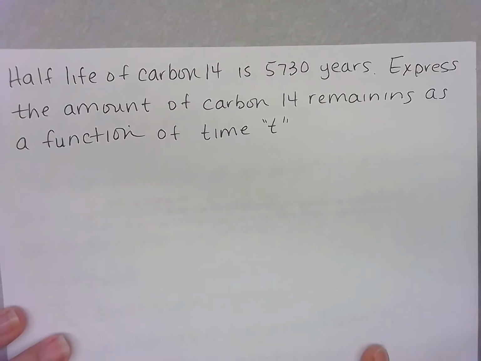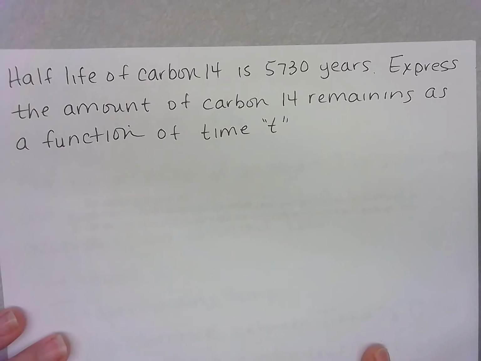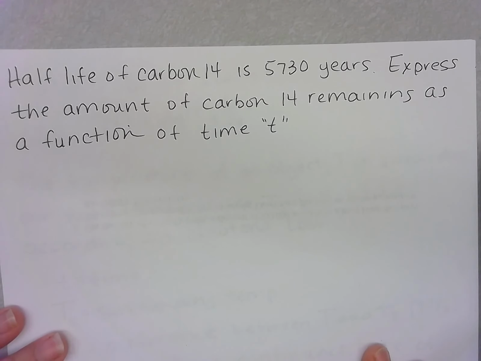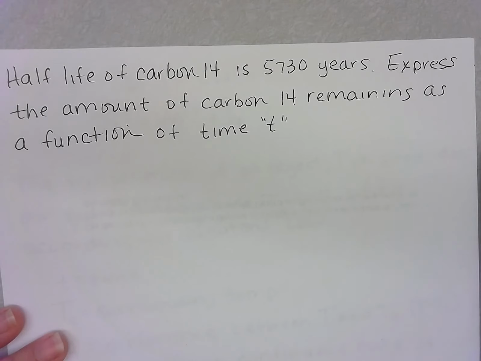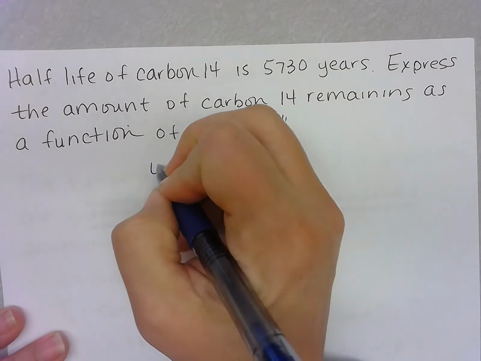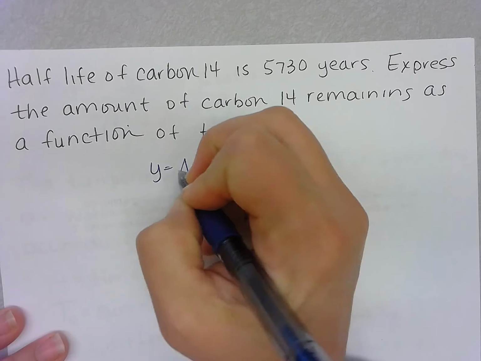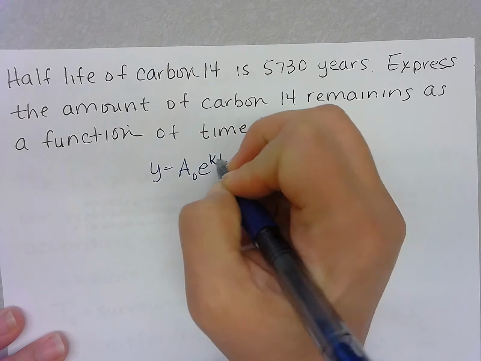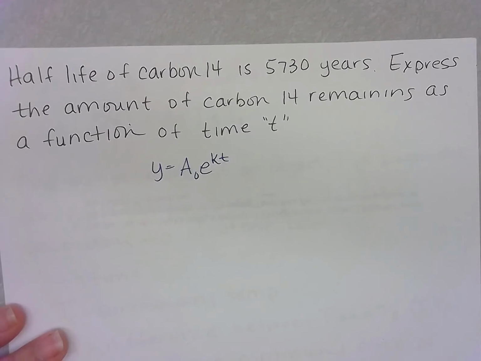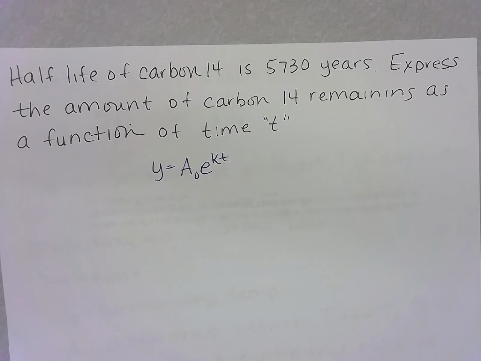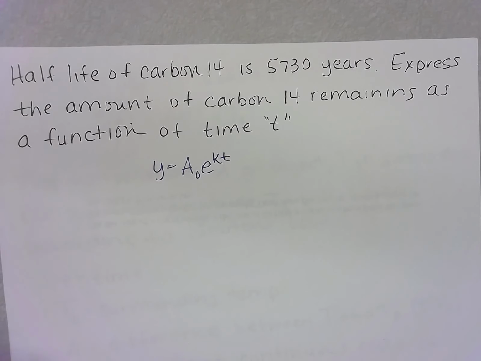So the half-life of carbon-14 is 5,730 years, and we're going to express the amount of carbon-14 remaining as a function of time t. Okay, so we're going to start out with this. Y is equal to A naught e to the kt. Now when they don't give me how much of something I have, I just go with like A naught is like 1.